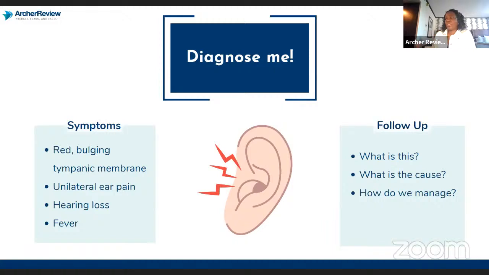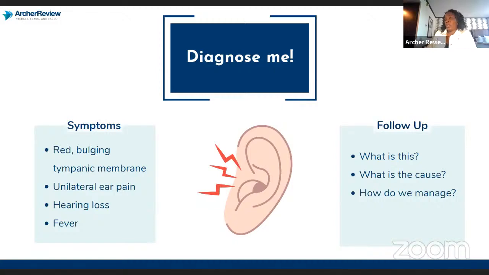With effusion, you're going to see a yellow or clear fluid behind the tympanic membrane, and it's not bulging. So the bulging to me is a key indicator when I'm looking in the ear if it's acute or not.